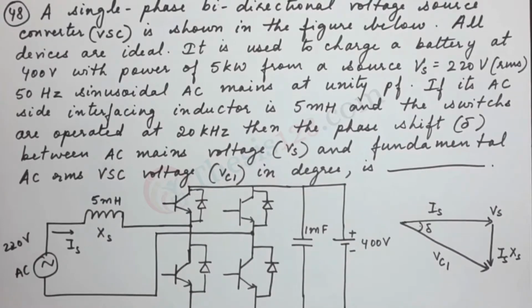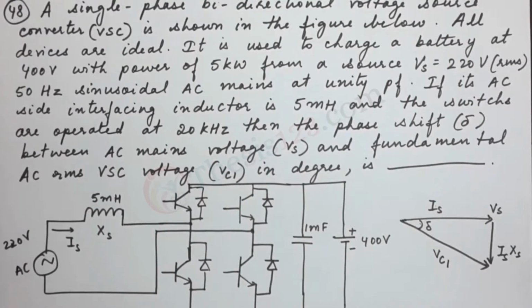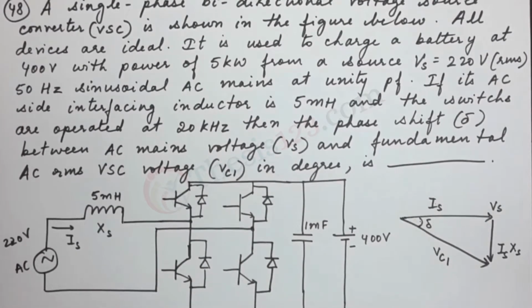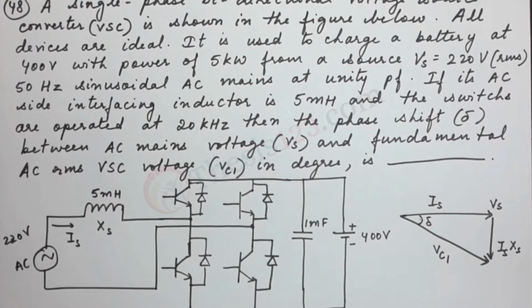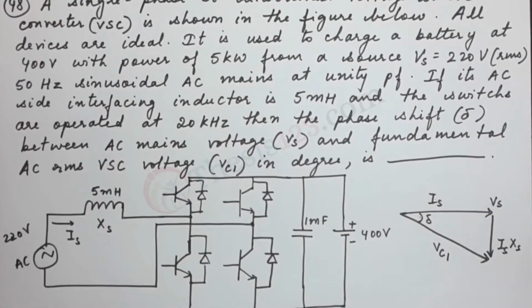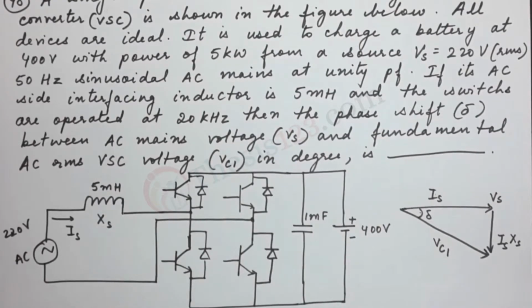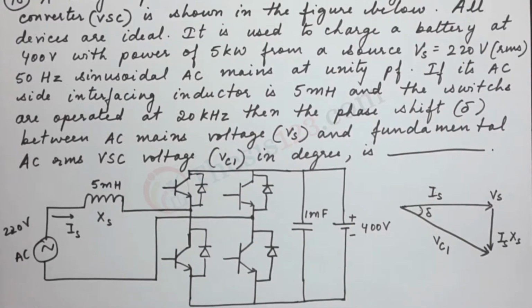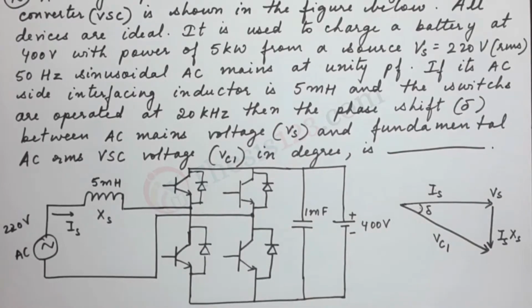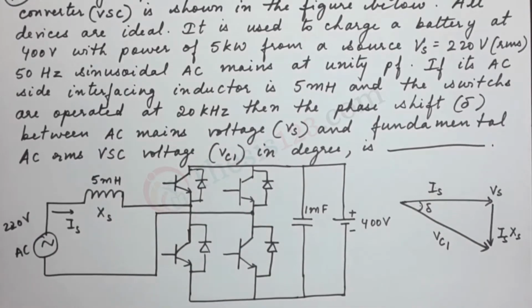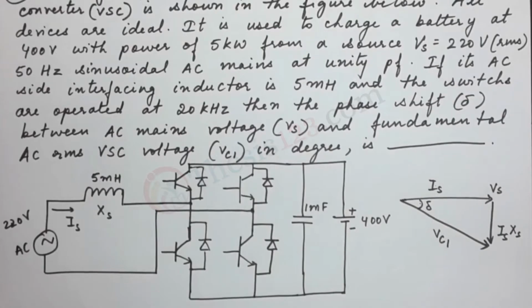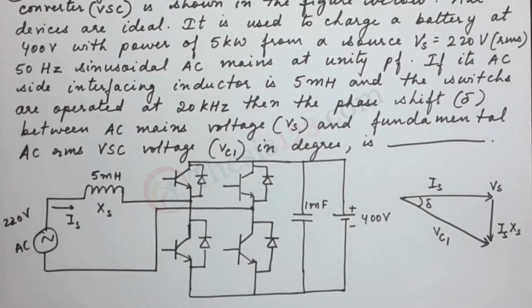If its AC side interfacing inductor is 5 millihenry and the switches are operated at 20 kHz, then the phase shift delta between AC mains voltage and fundamental AC RMS voltage in degrees is dash. Okay, so here in the figure we have been given a single phase bidirectional voltage source converter.